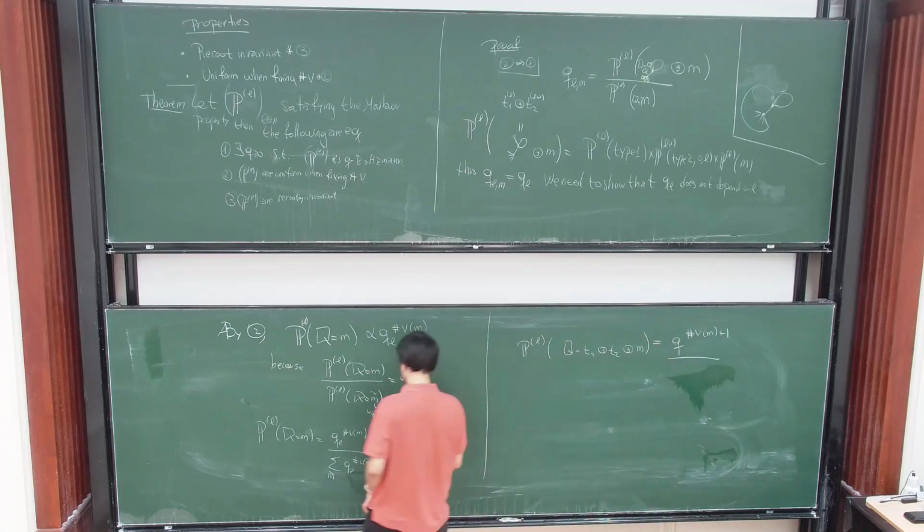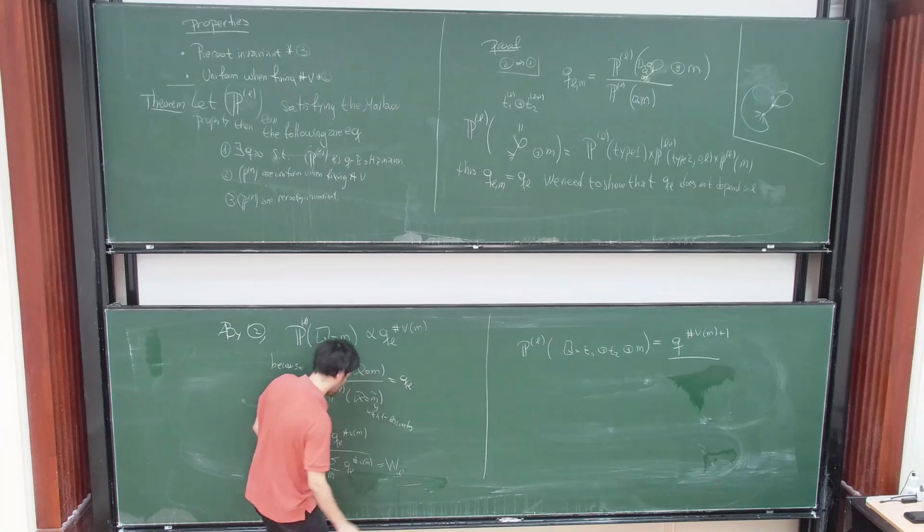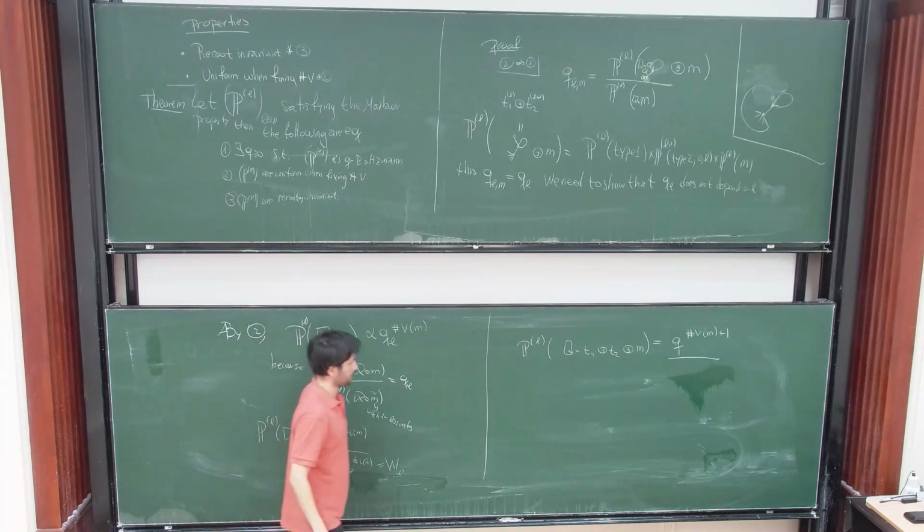So let's write this sum. I will not write it as partition function because I will have partition functions coming afterwards, as a W of L, W that depends on L.